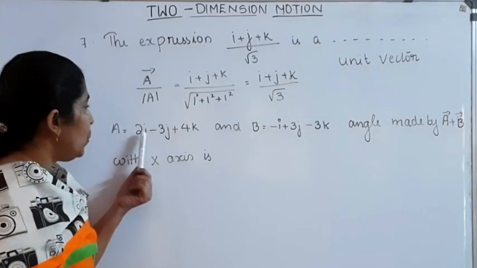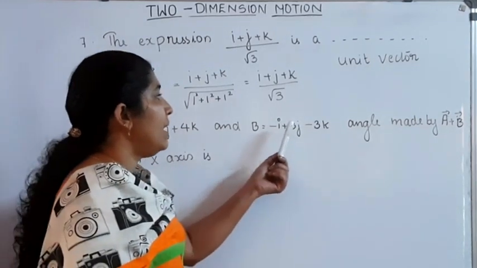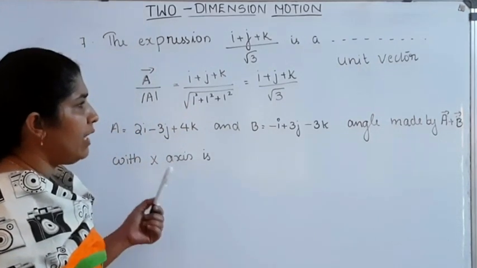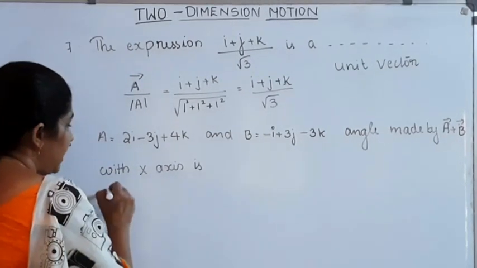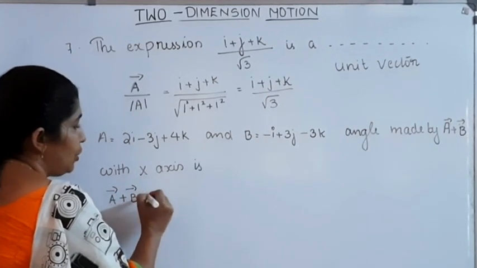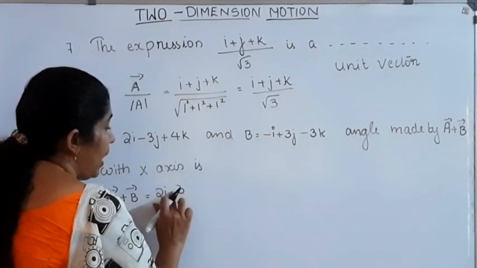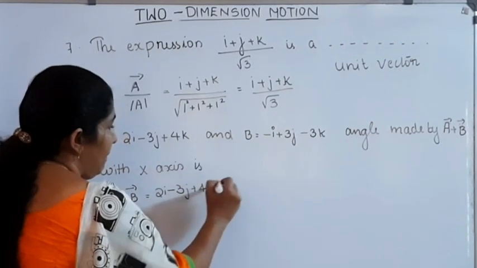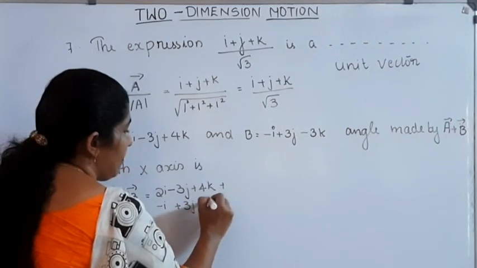A is equal to 2i plus 3j plus 4k and B is equal to minus i plus 3j minus 3k. What about the angle made by vector A plus vector B with the x-axis? Therefore, vector A plus vector B is equal to 2i plus 3j plus 4k plus minus i plus 3j minus 3k.